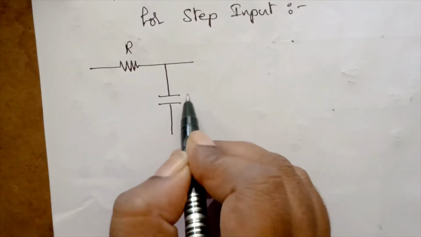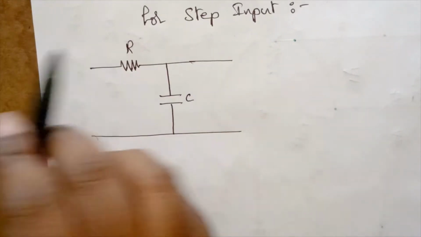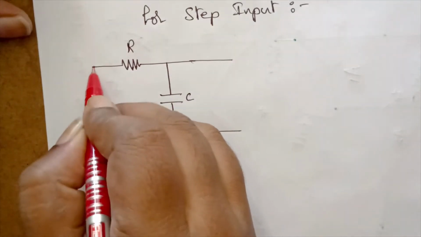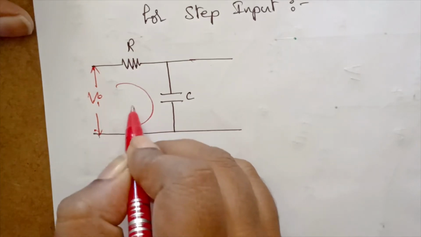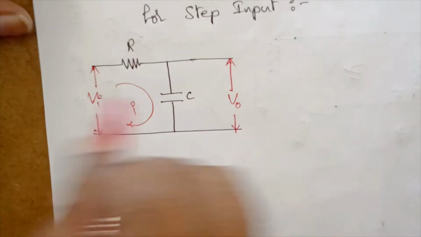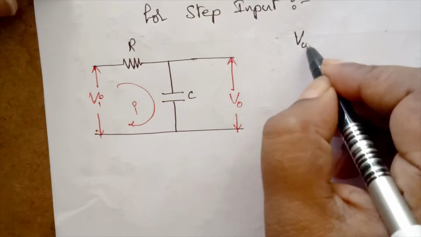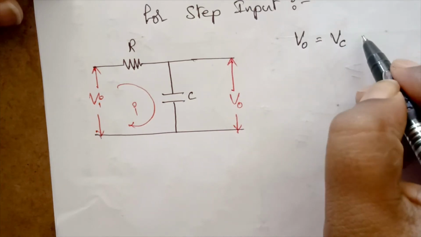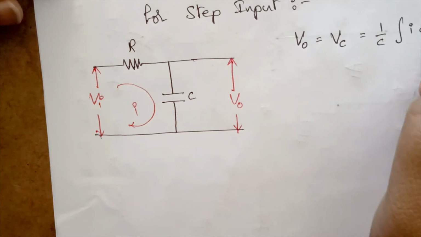So this is the resistor, this is the capacitor. Here, when we are applying some voltage Vi at the input, we are getting current I and voltage at the output V0. From this circuit, V0 is nothing but the voltage across Vc, given by 1 by C integral I dt.